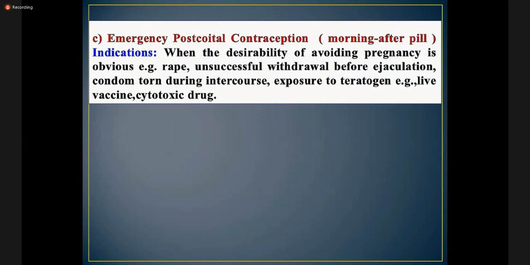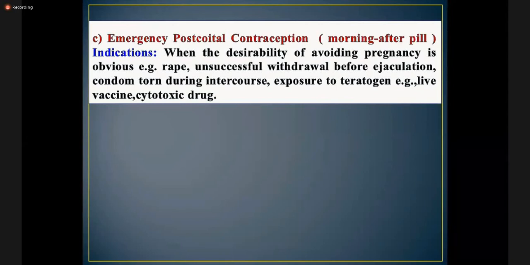Along with one of the prostaglandins, that is misoprostol, 400 microgram, but this is given once. What is mifepristone? This preparation is sufficient as a single dose. Mifepristone 600 milligram once would be sufficient, right?